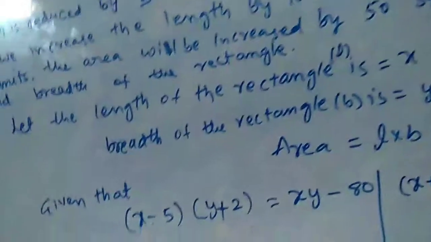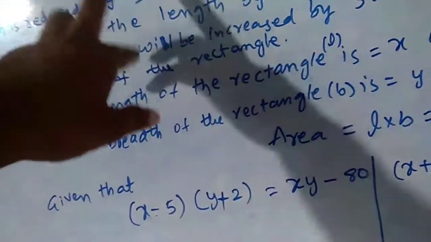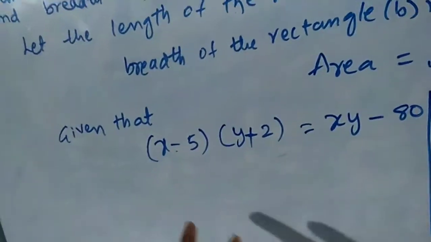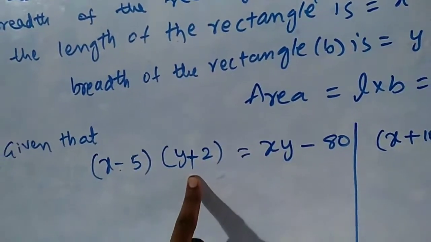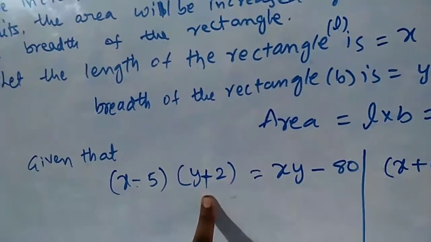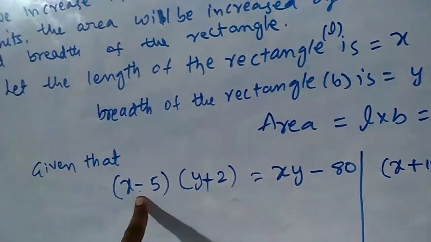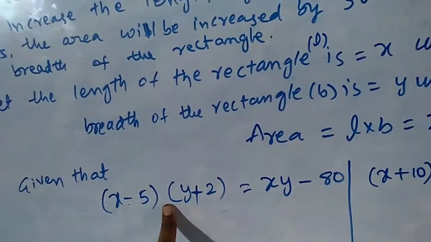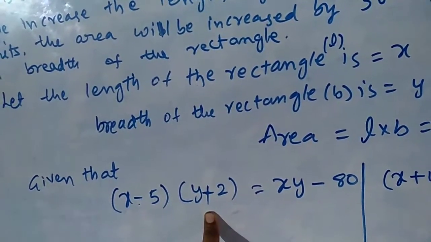So here the area of the rectangle gets reduced. He mentioned the area of the rectangle by increasing or decreasing the length and breadth. So the area of the rectangle formula is length into breadth. Area of the rectangle is length into breadth. So length is decreased, so here I wrote x minus 5, into breadth is increased, so I wrote y plus 2.